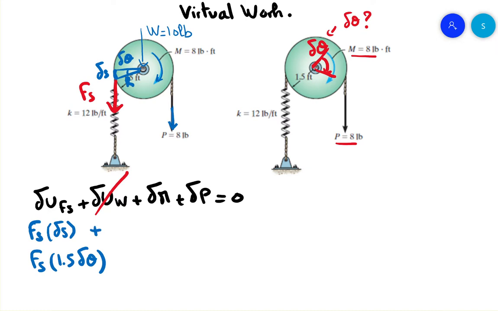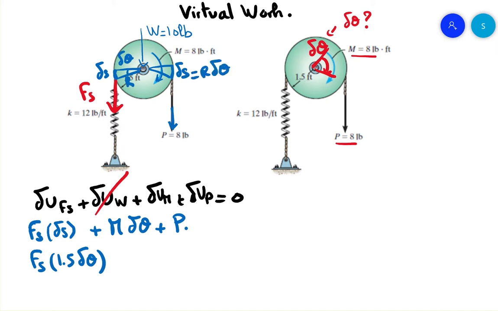Plus delta U M and delta U P. For the delta U M, it's the moment times the delta theta. That's the easiest one. And delta U P is P times the displacement, same thing, the displacement delta S, which is equal to R delta theta.